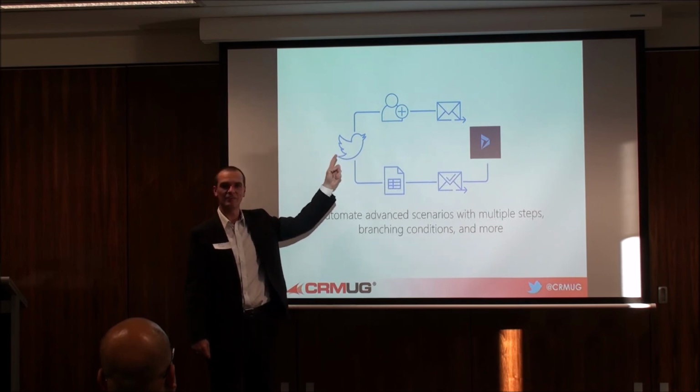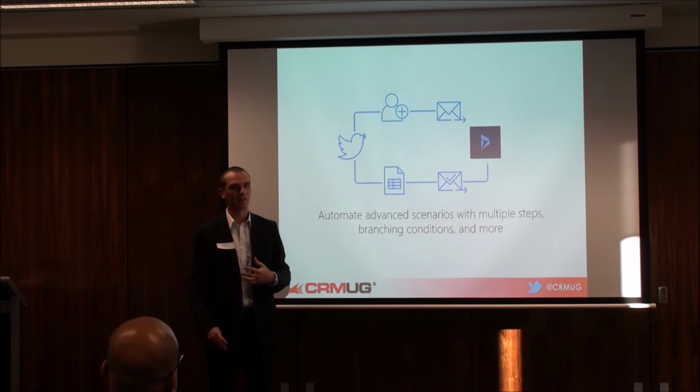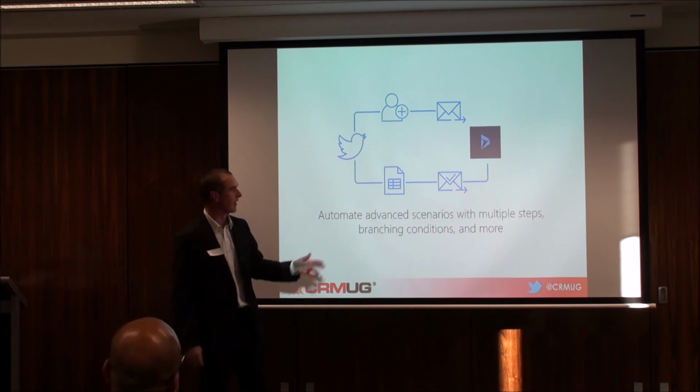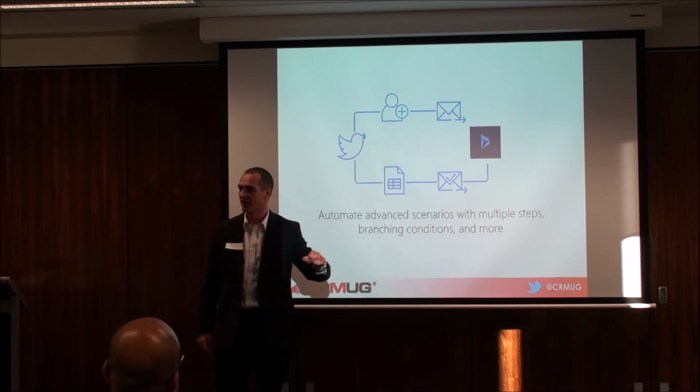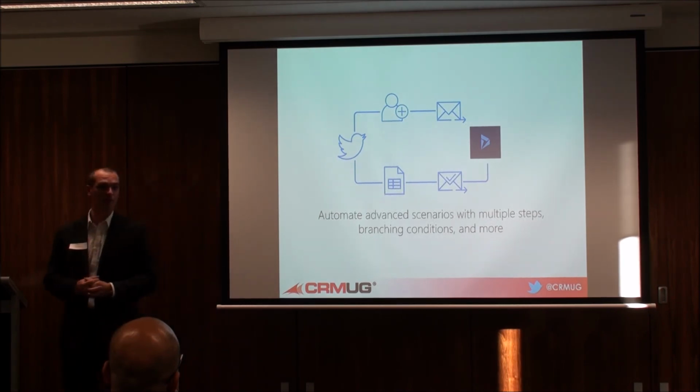But if it's not something which necessarily needs to be actioned right away, or highlighted to me in some way, then I could just go and put that into another database and log that for reporting for later on, for example.